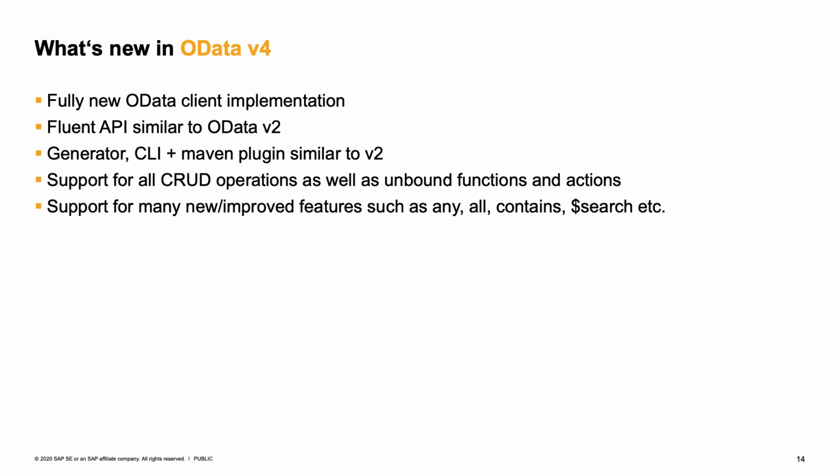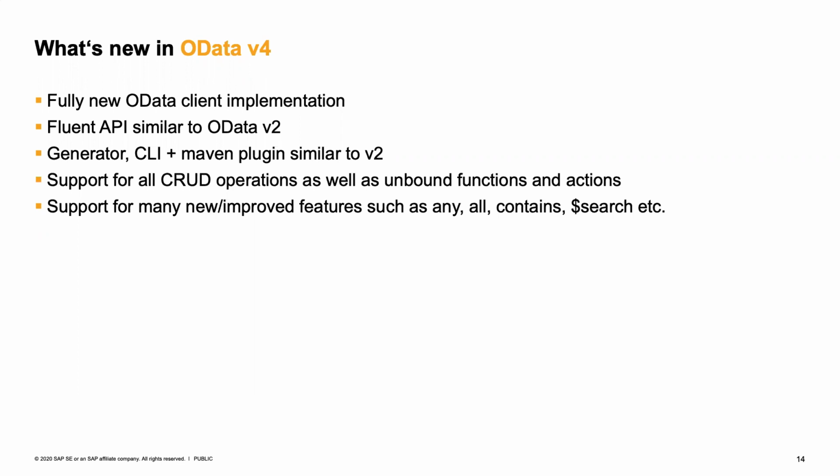And of course, this implementation brings support for many of the new and improved features of OData v4 that differentiate it from OData v2, such as, for instance, here I listed some: any, all, contains, and $search, that I also introduced in the beginning.